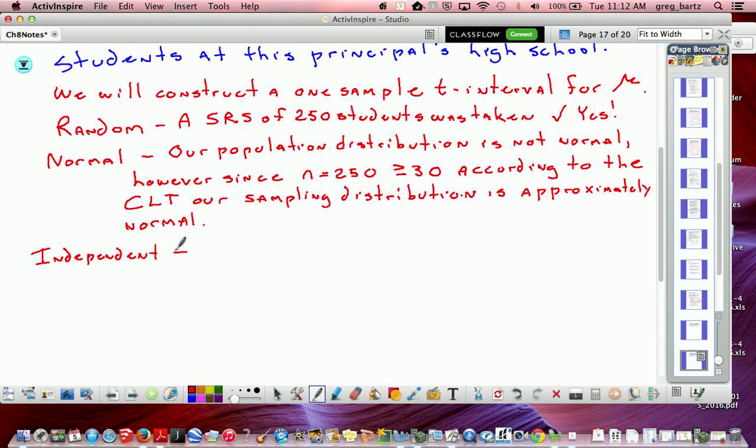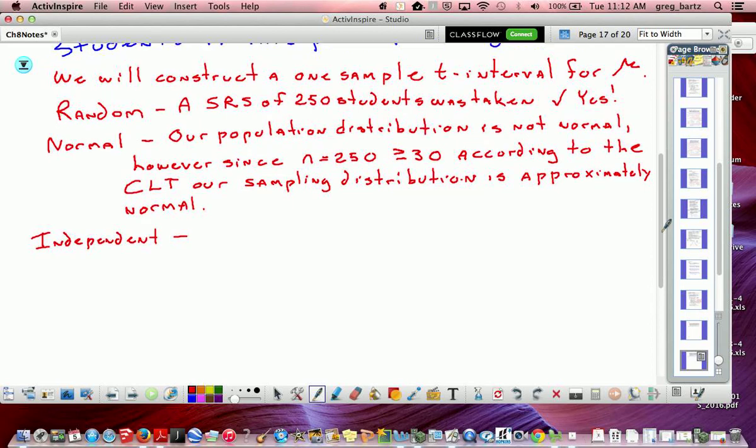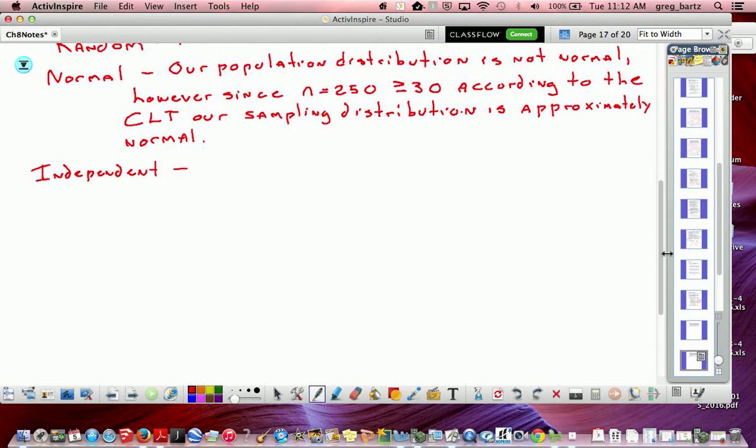Independent. So, is the population greater than or equal to 10 times our sample?